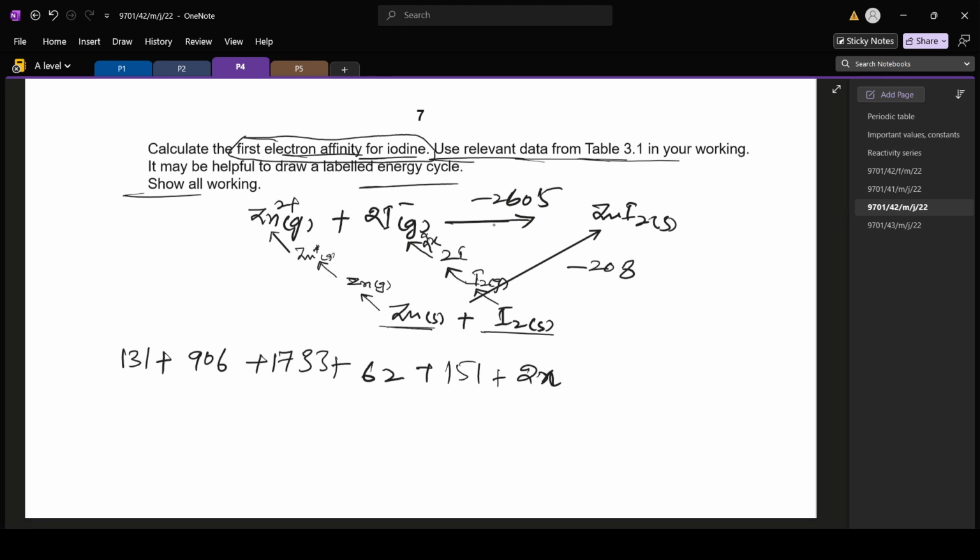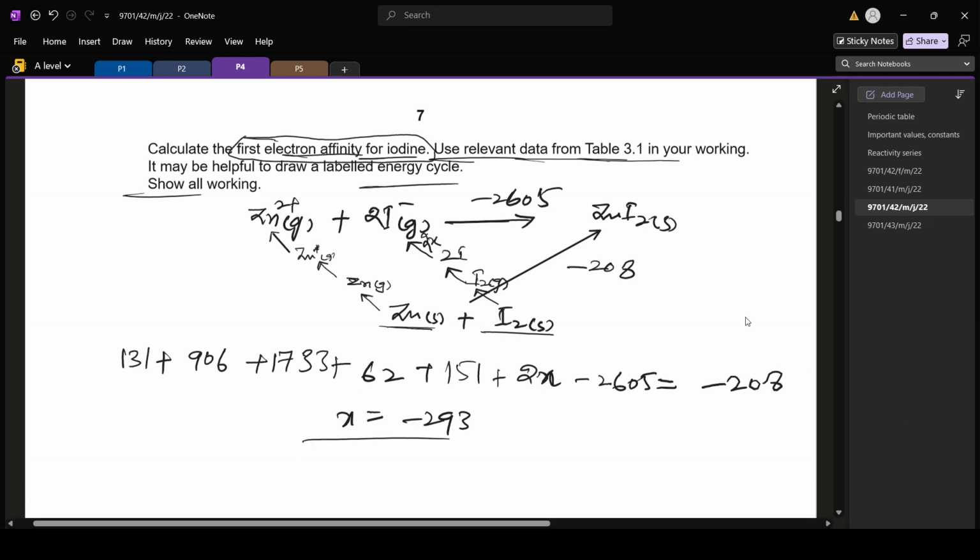Then we have finally the lattice enthalpy of zinc iodide, which is negative 2605. This is all equal to minus 208. So from here you will get the value of x. X is equal to negative 293, and this is your final answer.